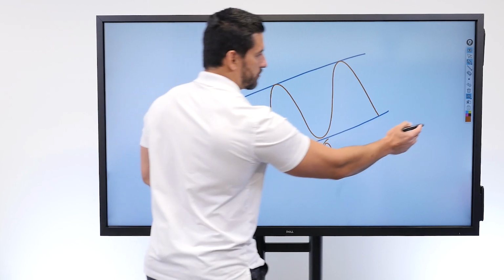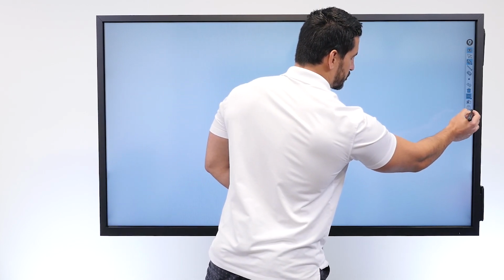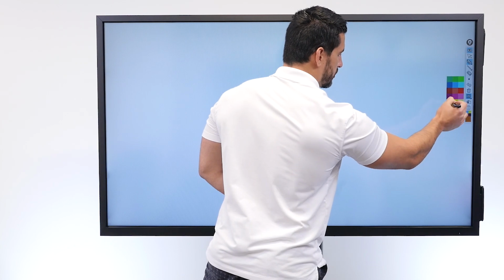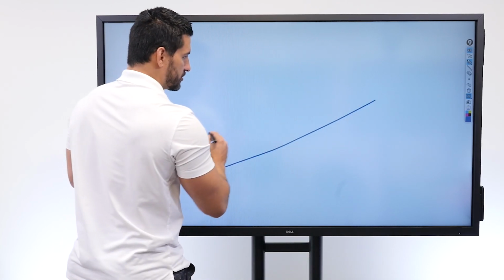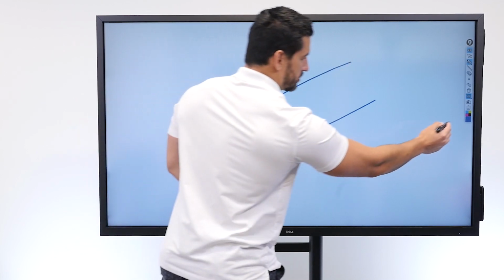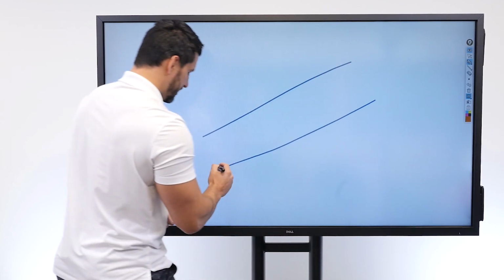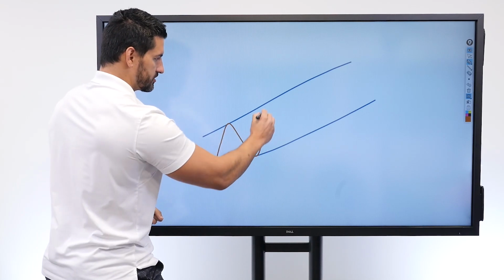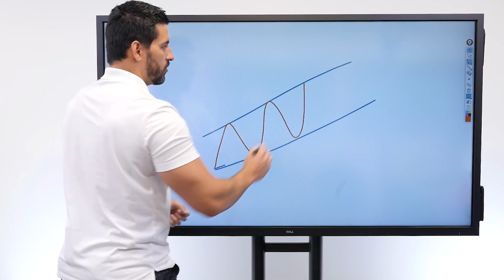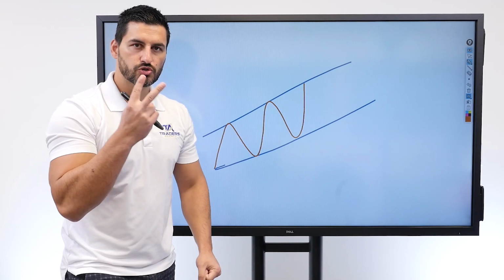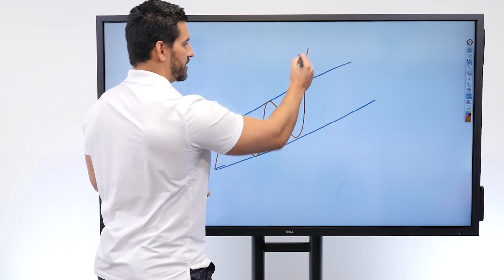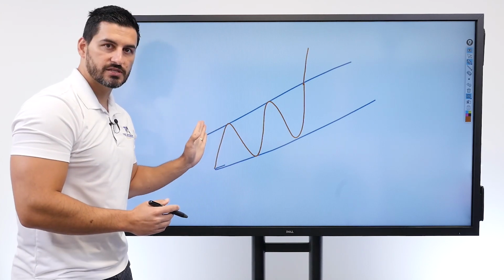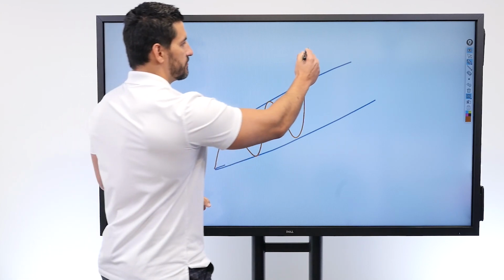When you get to a scenario like this, there's really going to be two options. Here's the reason why I like to trade with the trend and not against the trend. When the market makes higher highs, higher lows, higher highs, higher lows, and gets to the top, there's really two choices. Choice number one, the market breaks out. If the market does break out, traditionally the past resistance or previous highs become future lows.